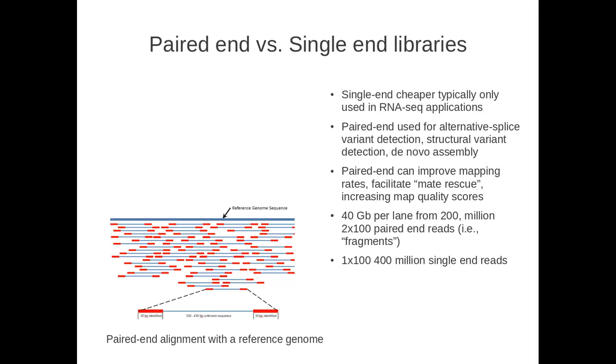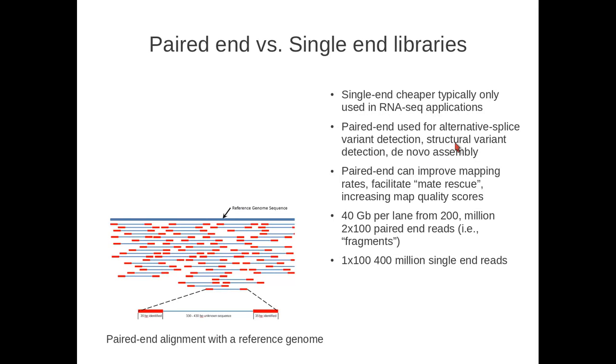Many human genes are alternatively spliced. So you can figure out, if you know that this end of the read is in exon 1 and this end of the read is in exon 2, then this particular transcript must have consisted of exon 1 and 2 and not, say, exon 1 and 3. Okay, so this allows you to do alternative splice site, or splice variant, detection.